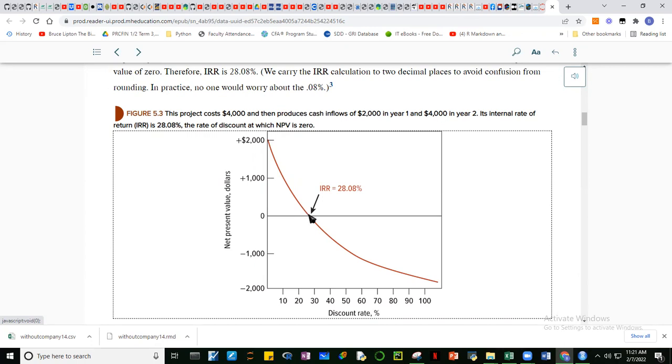Dun sa mga projects where your IRR is greater than your WACC, that's the point where your net present value is positive. Diba? To the left of the IRR, you notice that this is the region where your net present values are positive. To the right of IRR, okay, so pag yung WACC natin mas malaki pa kaysa IRR, then yung mga net present values natin, they're all negative.